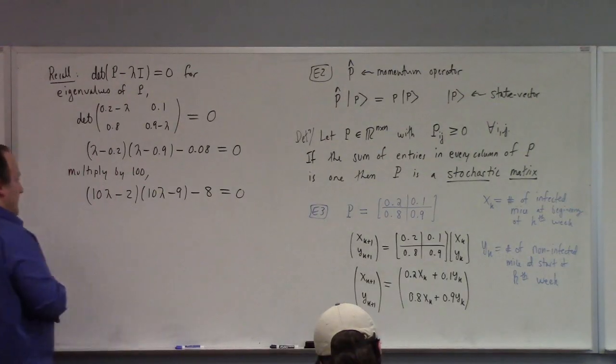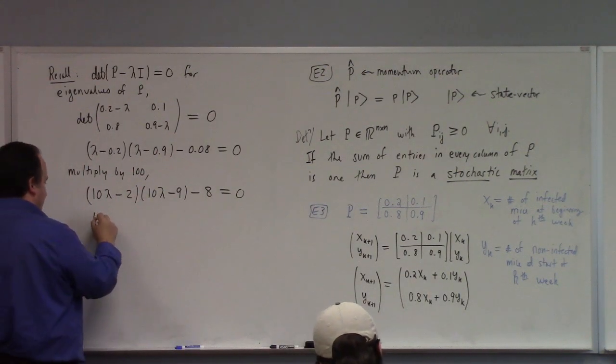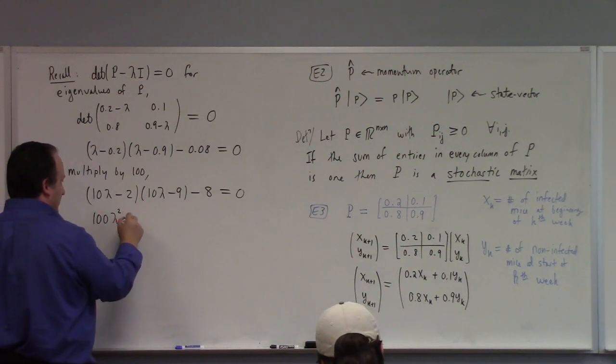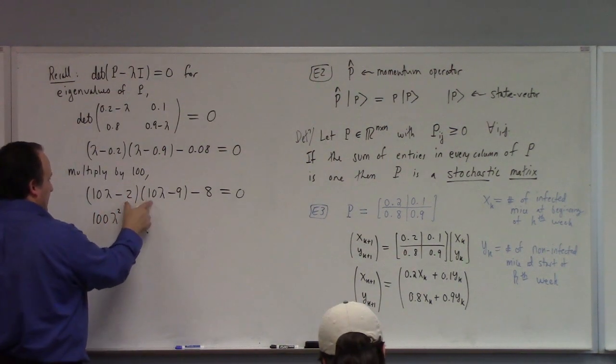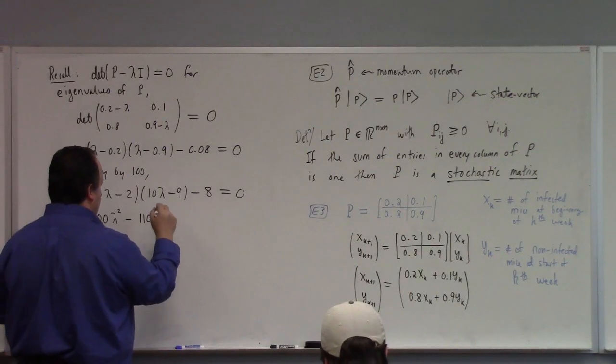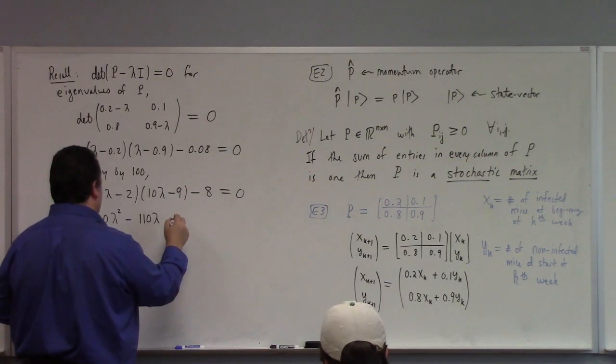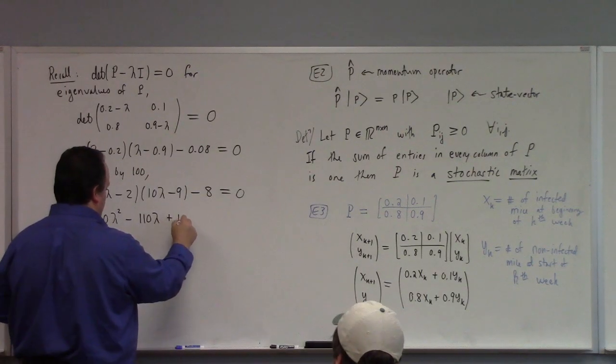All right, now I'm feeling better about my life. So now I multiply this out. I get myself 100 lambda squared minus, let's see here, (20 plus 90) lambda plus 18 minus 8, also known as? Plus 10. Thank you.